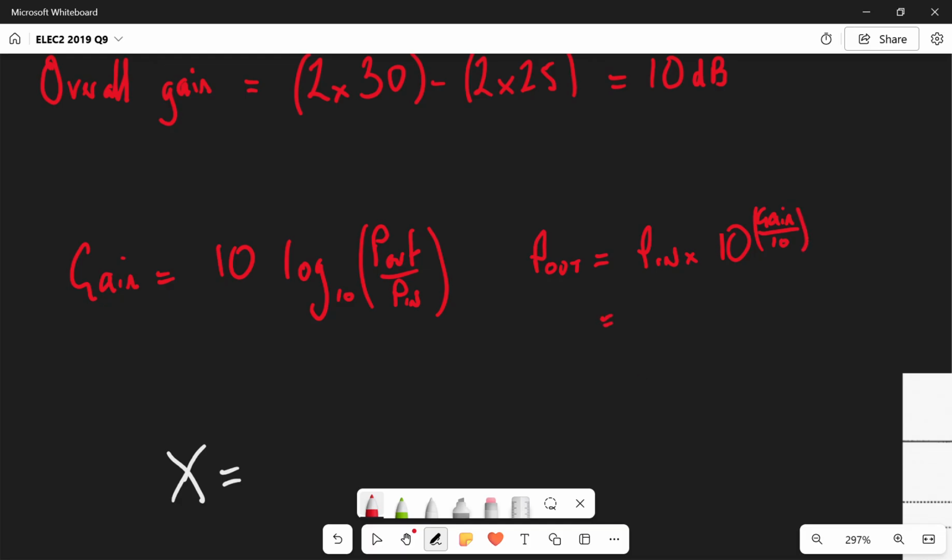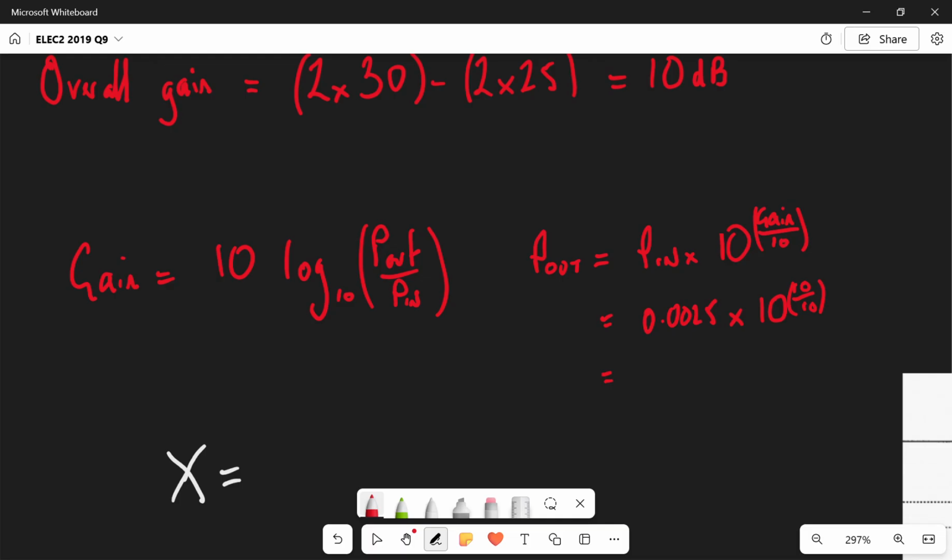Okay, so the values for this are 0.0025 for the 2.5 milliwatts, and it's going to be 10 to the power of 10 over 10.